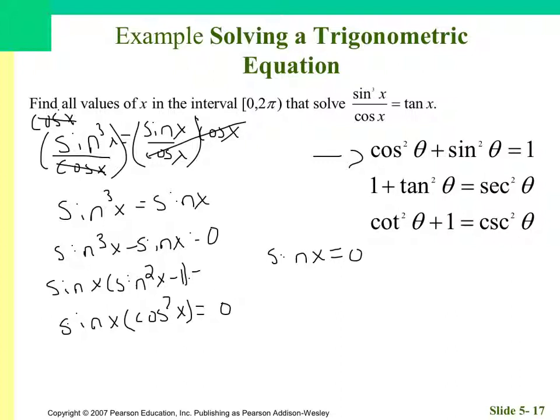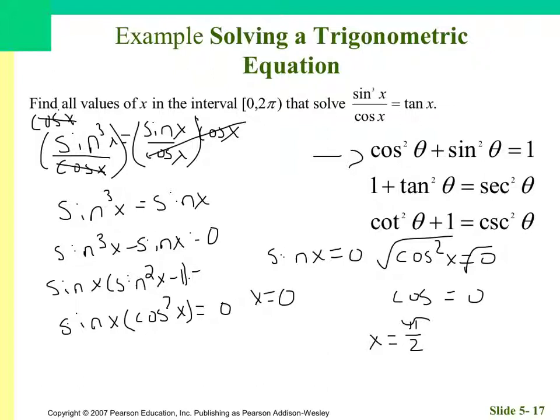Not equal to 2 pi, so 0. So I get x equals 0. And then cosine squared x equals 0, so square root both sides, you get cosine equals 0. Where does cosine equal 0 between 0 and 2 pi? Pi over 2 and 3 pi over 2.